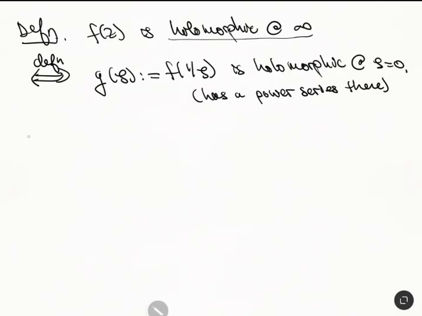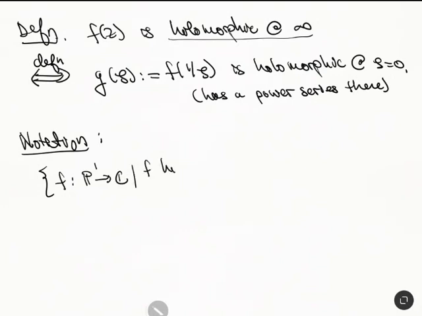Okay, and so let's make some notation. The functions we'll look at here are f from P1 to C, where f is holomorphic at all points, so analytic at all points.